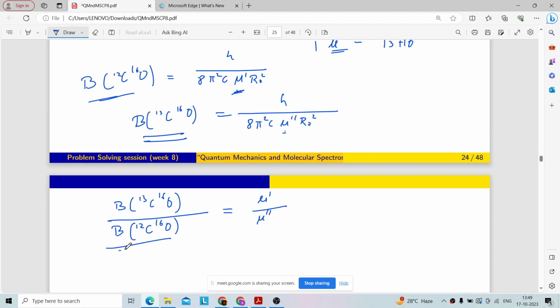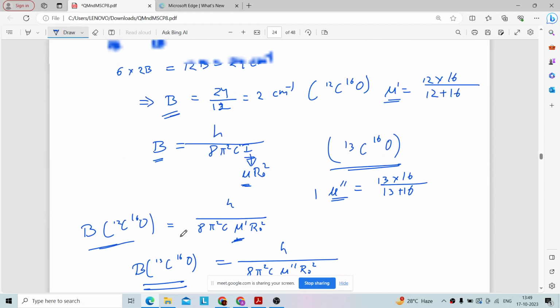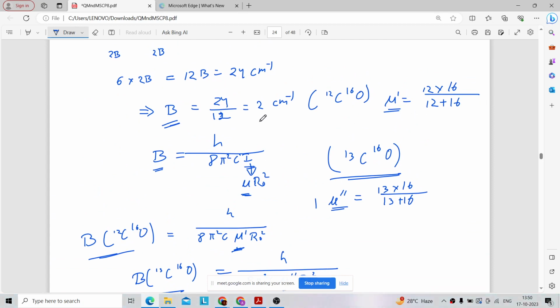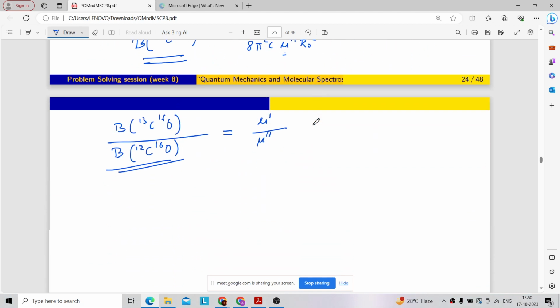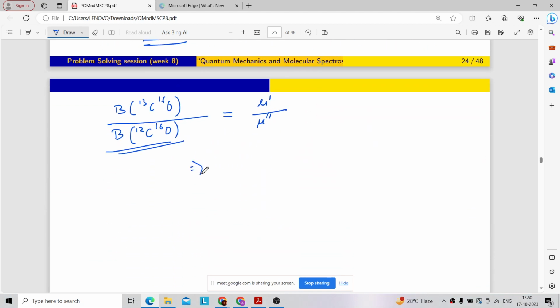And this value we already got here is 2 centimeter inverse. So now I can write B of 13C16O in terms of this, B of 12C16O times mu prime over mu double prime, right?